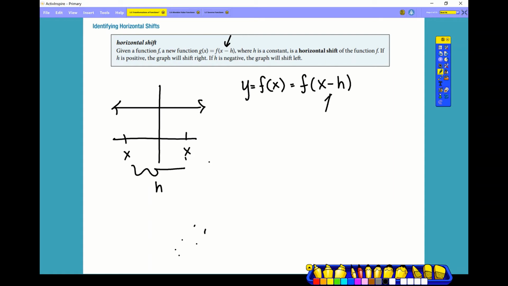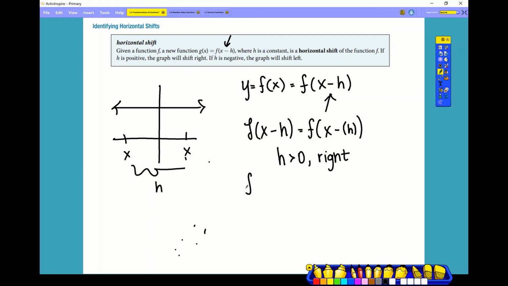Now notice that if you had f of x minus h, which is what you originally have, here's the h all by itself. You can see that it's positive since our original equation is negative. So since h is greater than 0, it will go right.